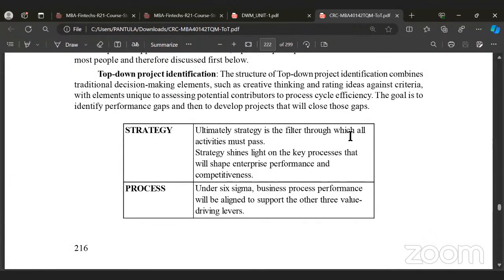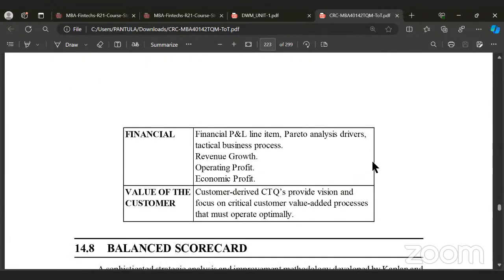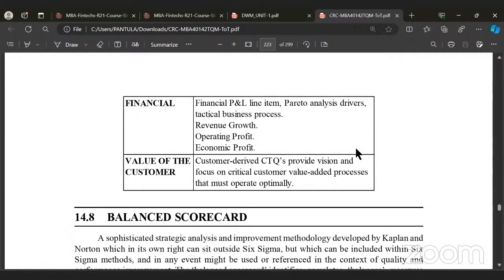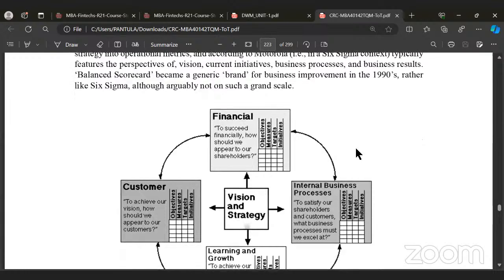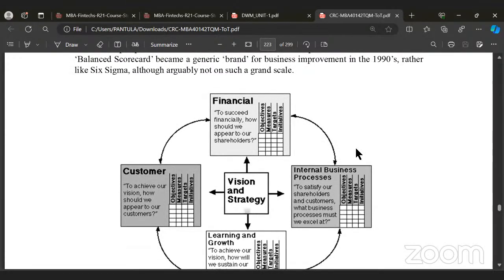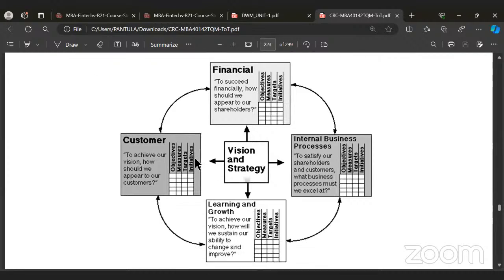Top-down project identification strategies: the strategy is the filter through which activities must pass. Financial: profit and loss line and Pareto analysis, drivers of tactical business growth, revenue growth, and operation growth value. Then the balanced scorecard. Here, in the scorecard we are going to give points. There is a vision statement.